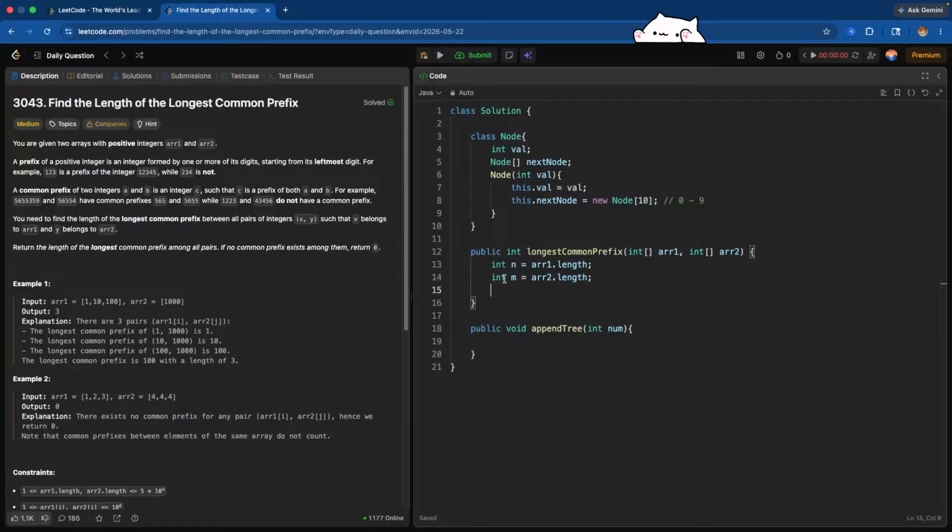Okay, I'm gonna make the prefix tree from the array 2, and for each int i of arr2, convert each number into a string with String.valueOf of arr2.